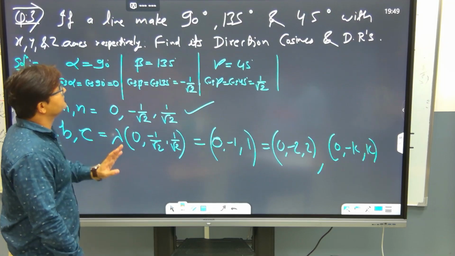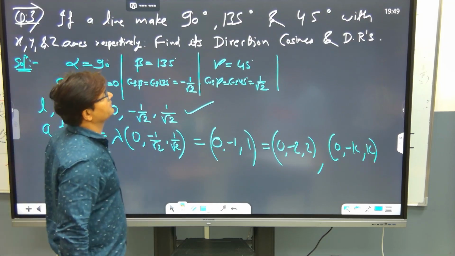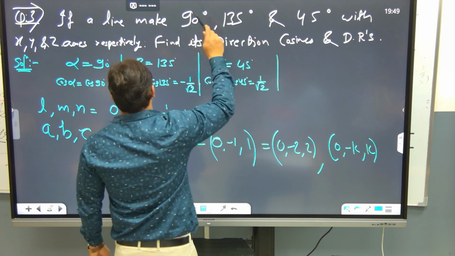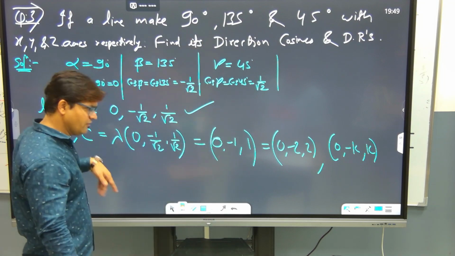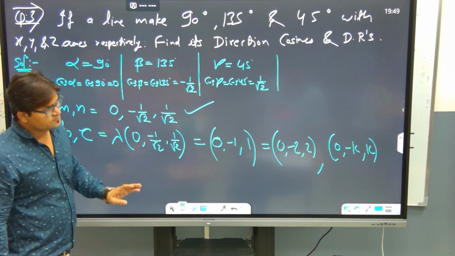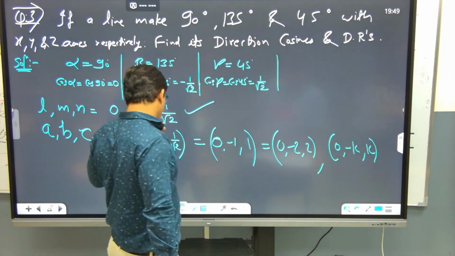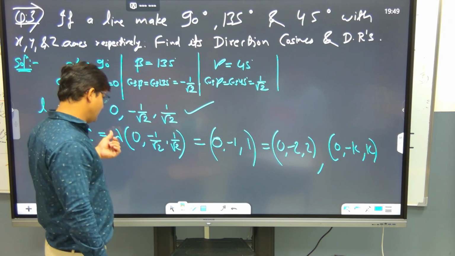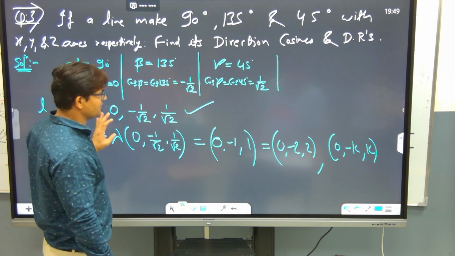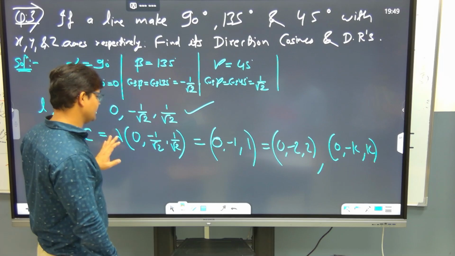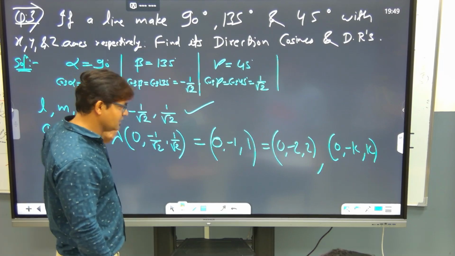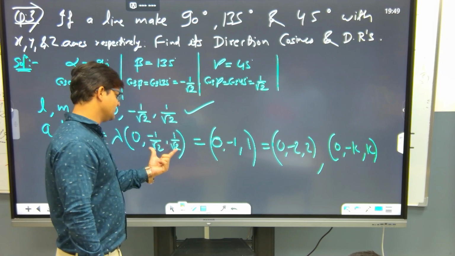But if we have DC and we don't have any vector or magnitude, in that case we have infinite answers. We cannot directly find the perfect answer according to the option, because we don't have information about lambda, which value to take, and lambda belongs to the real numbers, so we can take any value. Normally we take the magnitude value.